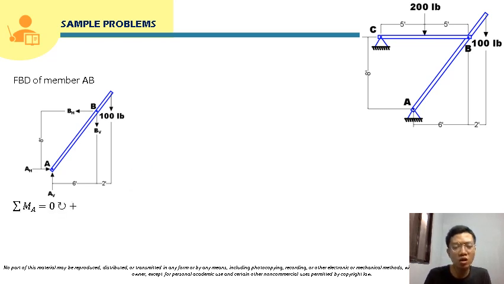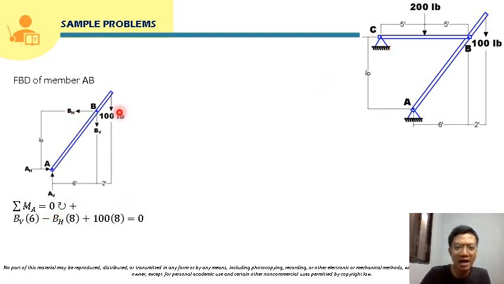Okay, so we will take moment here at A. So if we take moment here at A, AH and AV will be cancelled. And the only unknown here will be BH since we already solved for BV. Okay, so BV, its moment arm will be 6. Okay, so this is given from the figure. So BV times 6 minus BH, its moment arm will be 8.